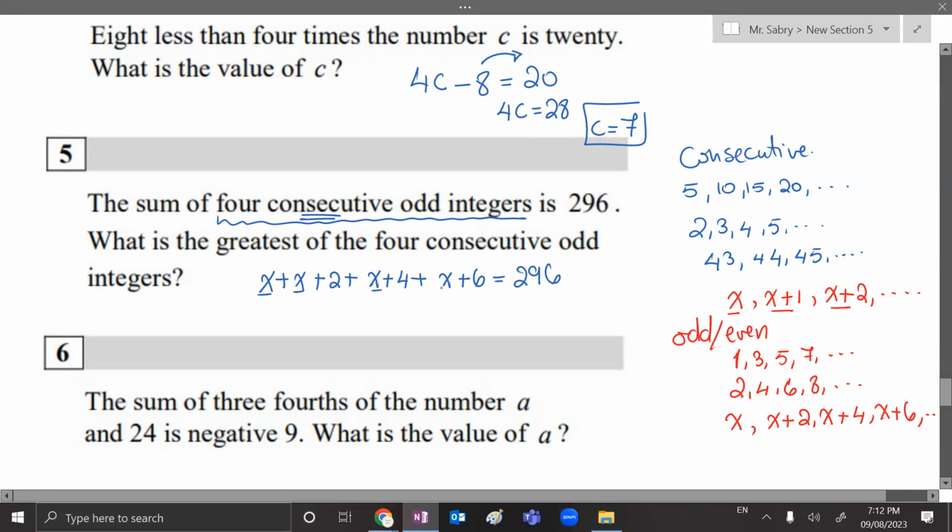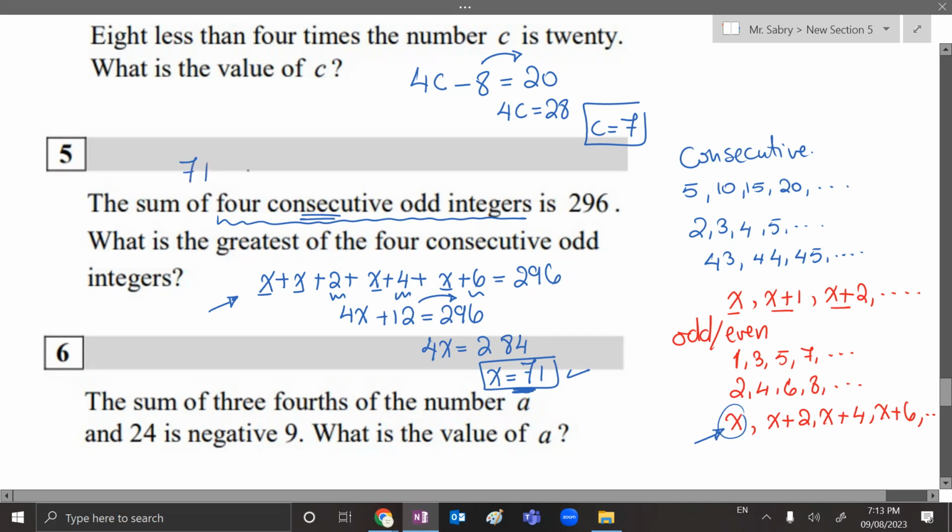1, 2, 3, 4 x's, plus 2 plus 4 plus 6, this is 12, equals 296. I move the 12 to the other side, so 4x equals 284, and dividing by 4, x equals 71. So what is 71? 71 is the first number of the 4 consecutive odd integers, the x. But the question wants the greatest of the 4 consecutive odd integers.